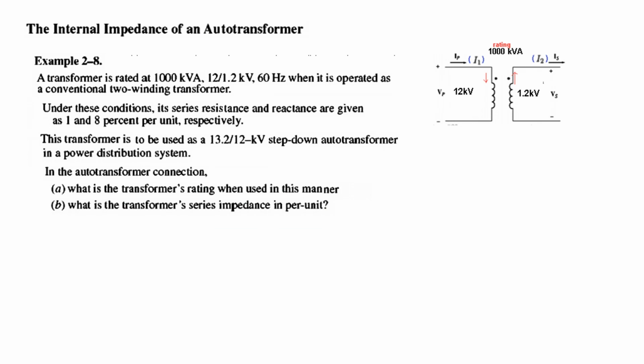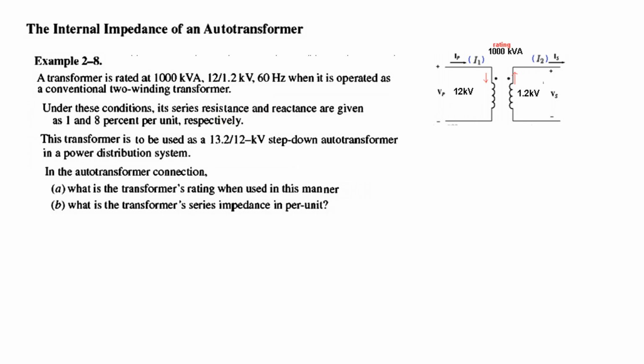And now quickly, a question about the internal impedance. A transformer is rated 100 kVA, 12 kV primary, 1.2 kV secondary. When operated as a conventional two-winding transformer under these conditions, its series resistance and reactance are given to be 1% and 8% per unit respectively.